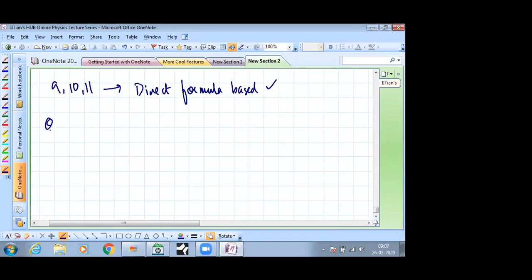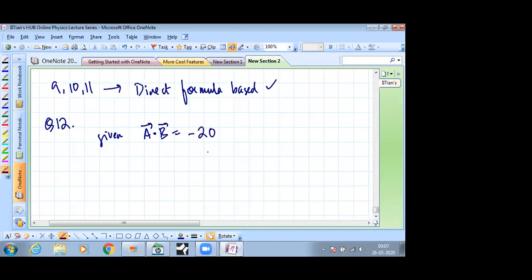Now let's come to question 12. In question 12, it is given to us that A dot B is equal to minus 20.